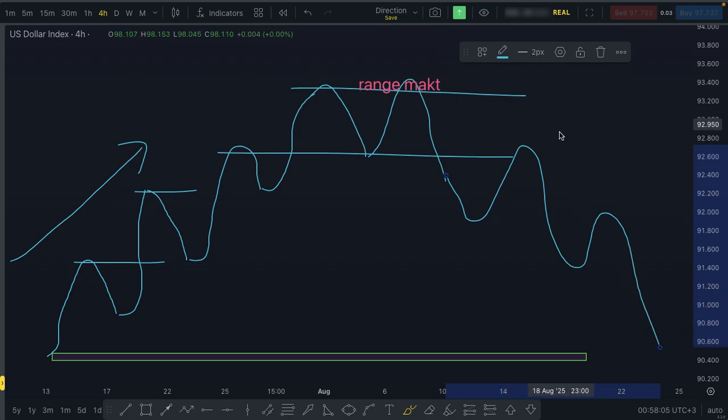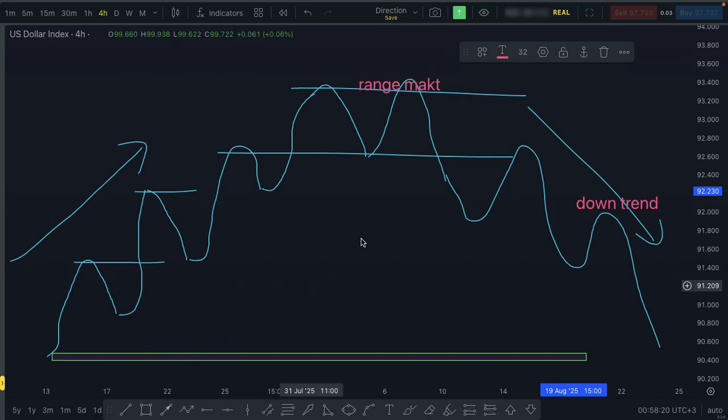In this situation, the market is creating what we call a downtrend. So basically, this is how the market actually works.